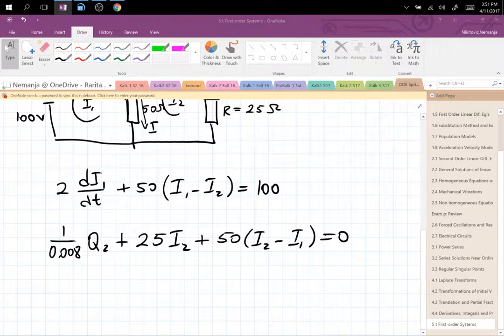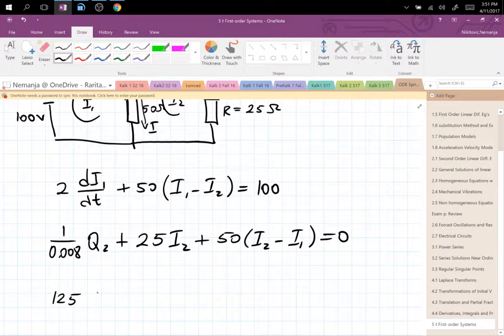Okay, so 0.08, 1 divided 125. Q2, Q is the derivative of Q2.